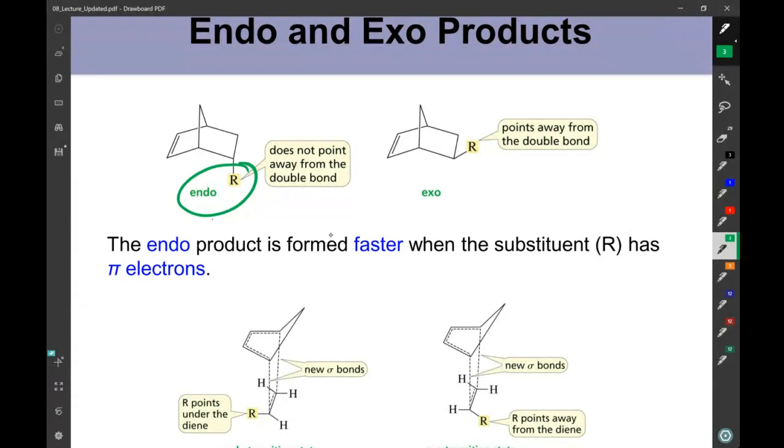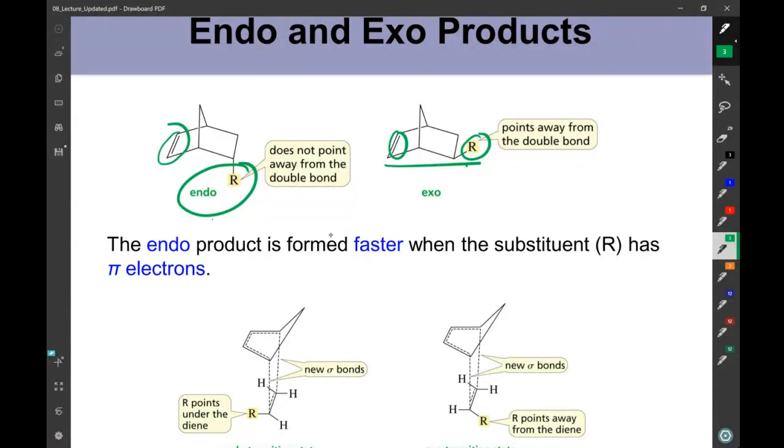So this is the double bond of interest here. The substituent does not point away from the double bond, but with the exo product, you notice that the substituent is far away from that double bond. That's the difference between an endo and the exo product.